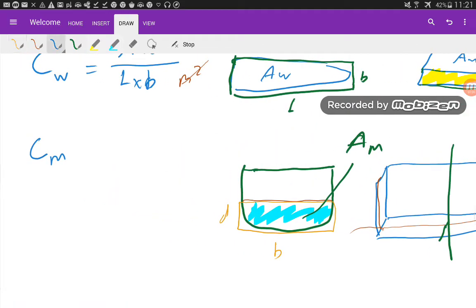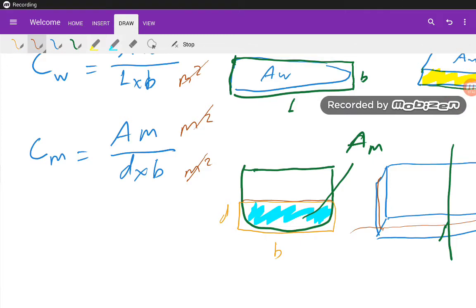So CM, the midship coefficient, will be AM, the area of the midship, over D times B. Again, this is square meters over square meters, and there is no unit. Just remember, you always use the smaller area or volume in the numerator and the larger one in the denominator, so there is no unit and your coefficient will always be less than 1.